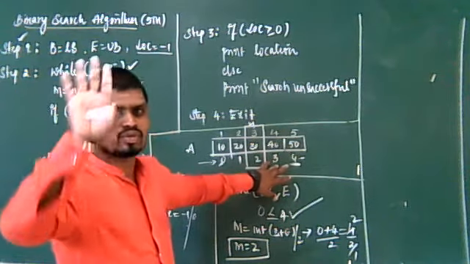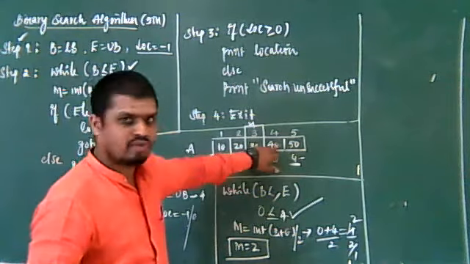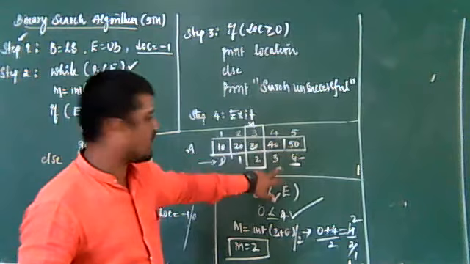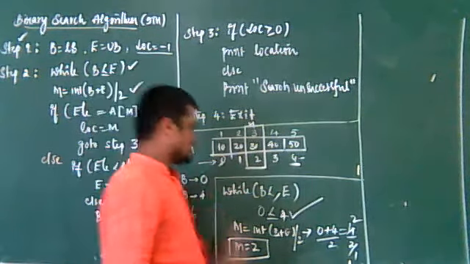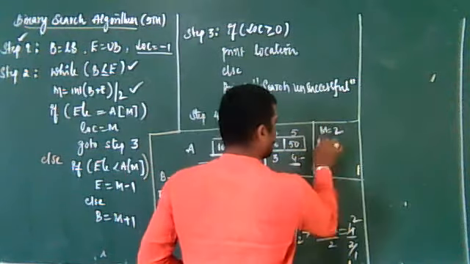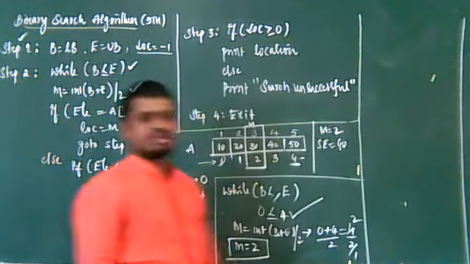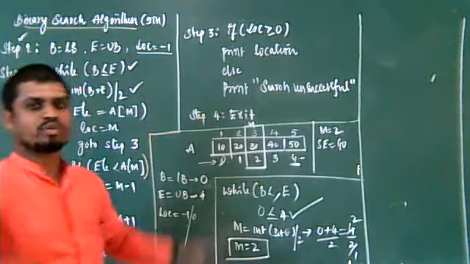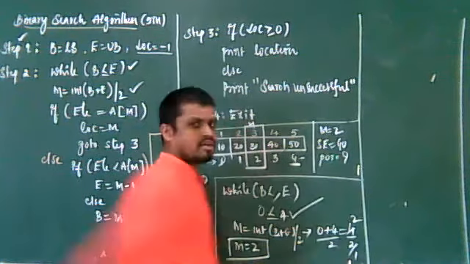We have to give the proper proof to the compiler that 40 is available in position 3. The middle value is 2. The searching element is 40, and in which position is it available? Position equals question mark.